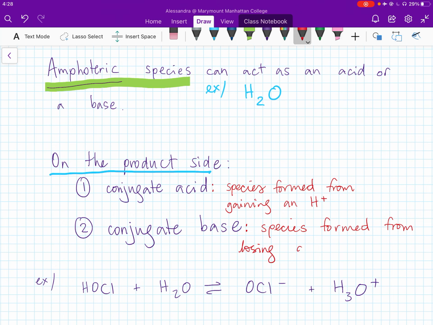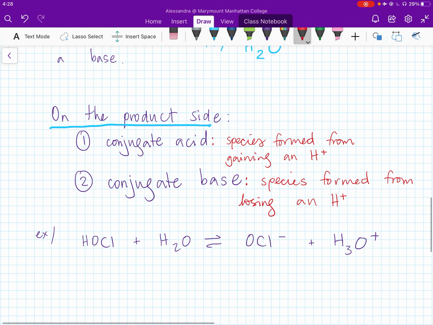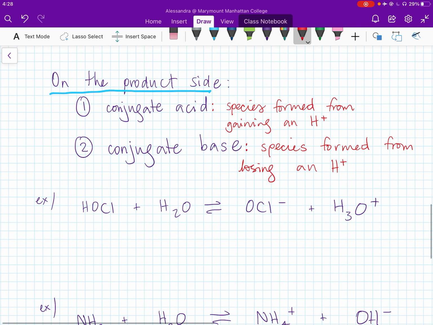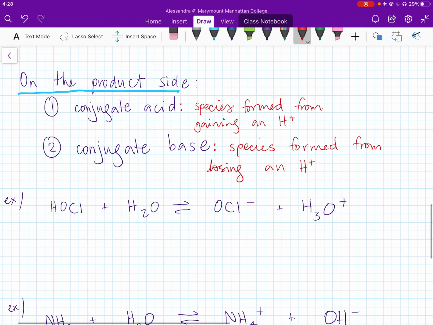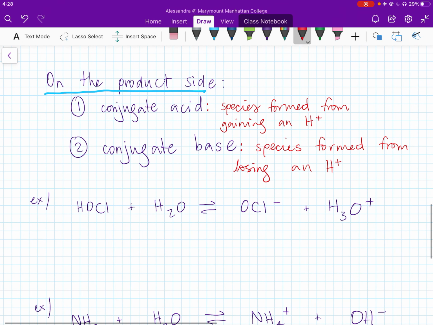Let me show you what I mean with those two examples that we just did. So in the first example with HOCl, this is hypochlorous acid. We talked about how this is the proton donor, it's acting as the acid, and water is acting as a base.